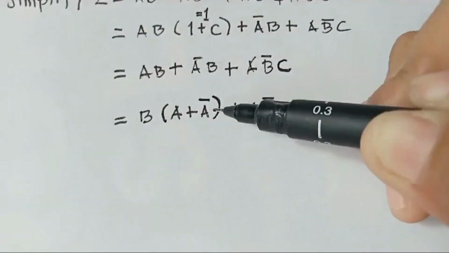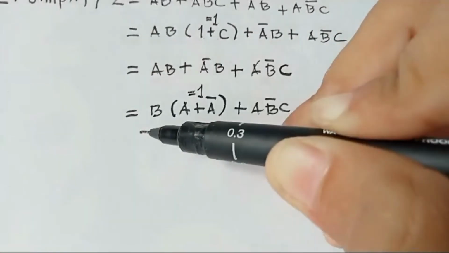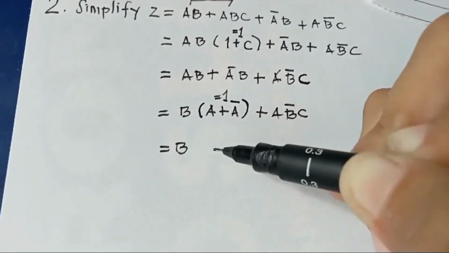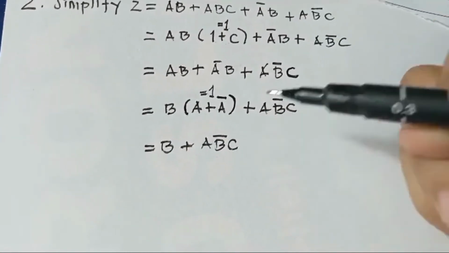So this will now become 1, and B multiplied by 1 is equal to B, plus AB bar C.